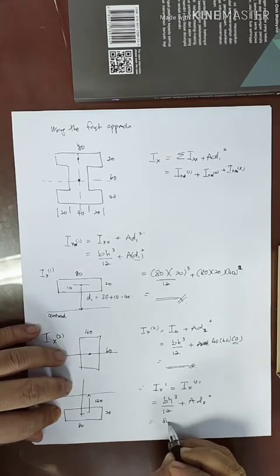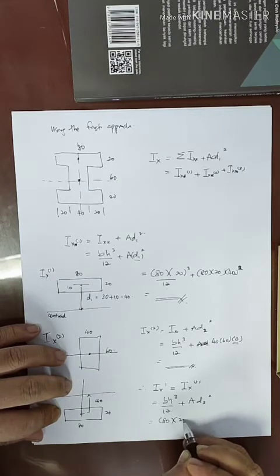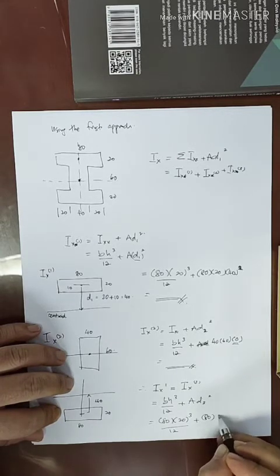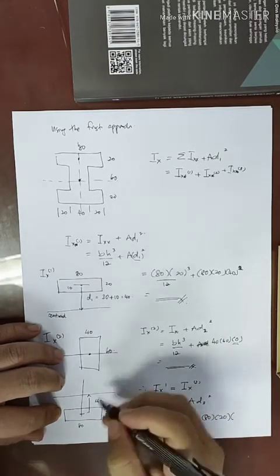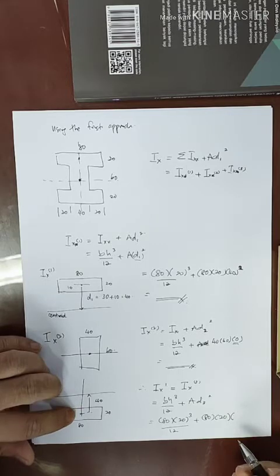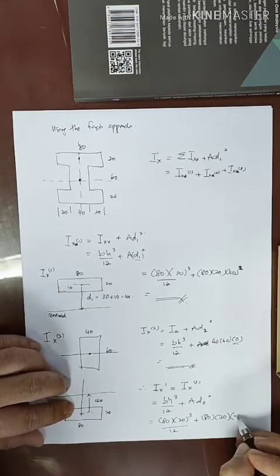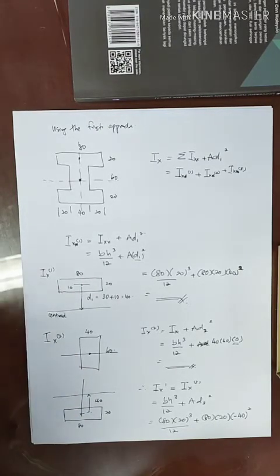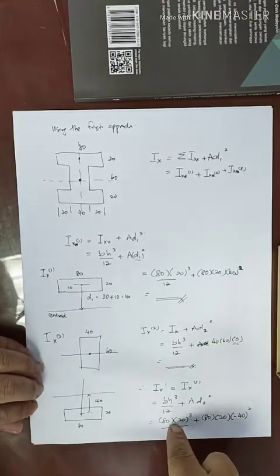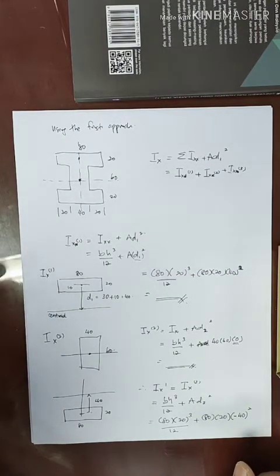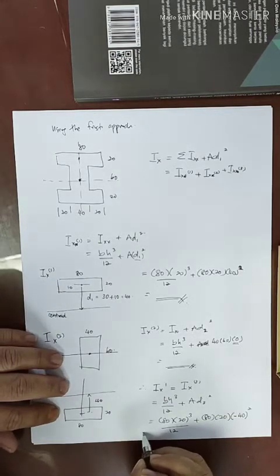The b is 80, h is 20 cubed divided by 12, plus 80 times 20, and the distance is 40, or you can call it negative 40, but you square it, so Ix3 and Ix1 are similar. Okay, and then you get the Ix3 here.